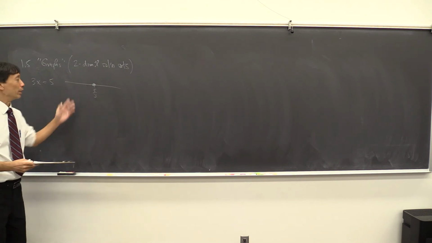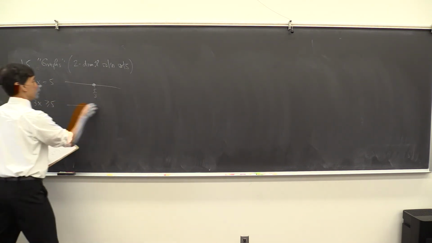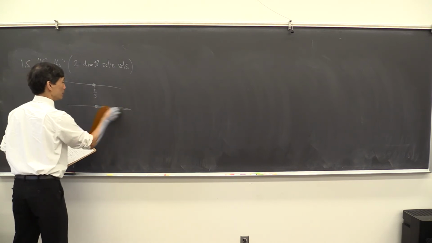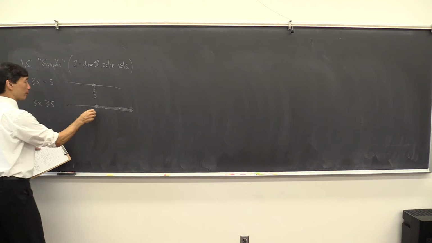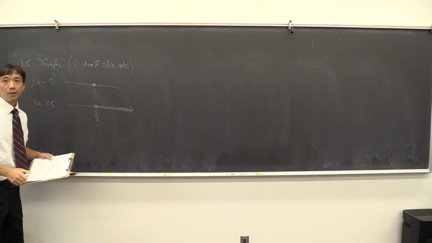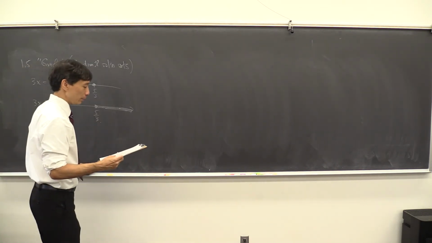Or you had something like 3x is greater than or equal to 5, and you said this infinite interval was your solution set. Okay, so now we're going to do the same thing, but in 2 dimensions. That's the main idea here.